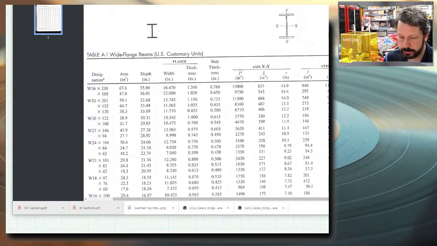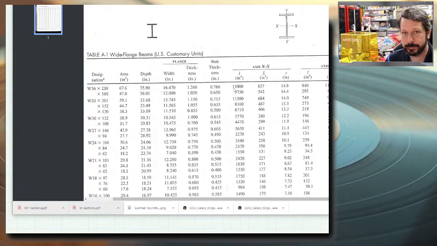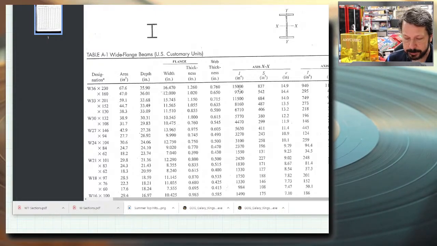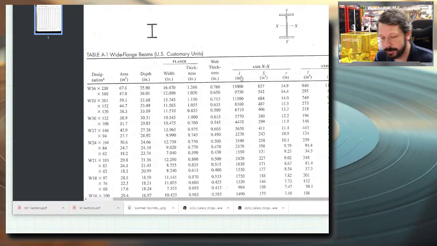Right here's moment of inertia, and here's the other one, depending on if you've loaded this beam perpendicular to the XX axis, which is normal, or if you've turned the beam on the side or loaded the beam on its side perpendicular to the YY axis. And look at the difference in the values here. When you load the beam perpendicular to the XX axis, as usually intended, this moment of inertia is 15,000, and inches to the fourth are the units on it.